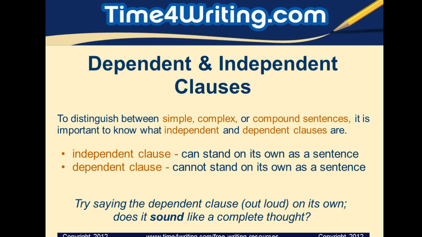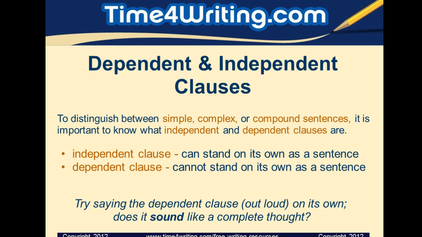But before I cover that, I really wanted to explain to you the difference between a dependent and an independent clause, because these are two parts of a whole, if you want to think of it this way. Without a dependent and an independent clause, you can't have a complete sentence. A dependent clause cannot stand on its own. It is dependent on another part of the sentence to make a complete thought.